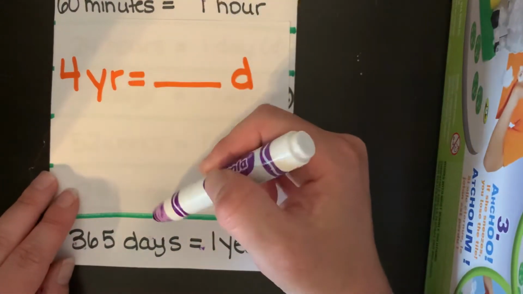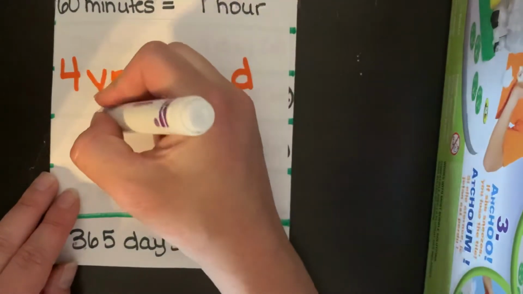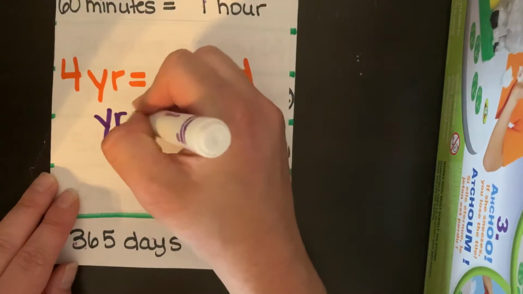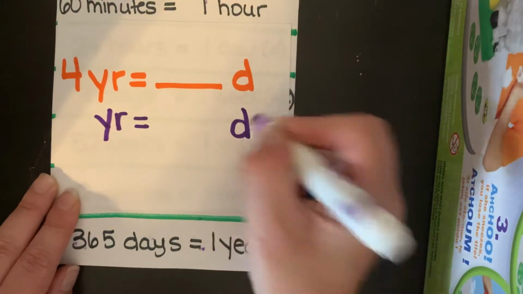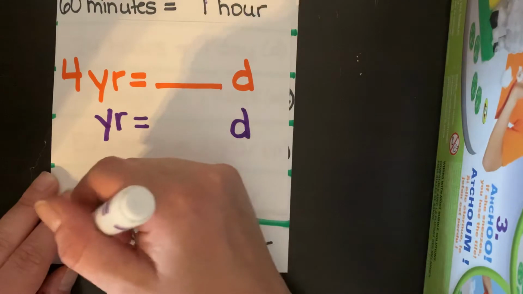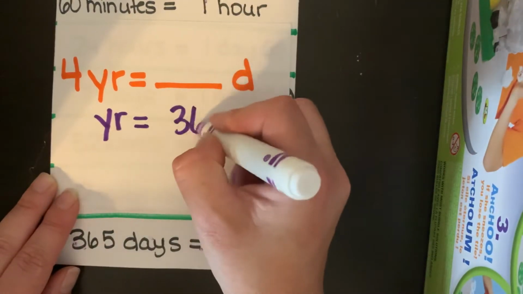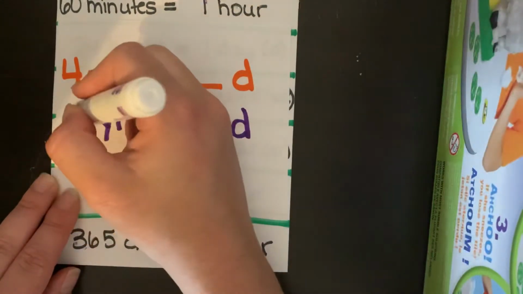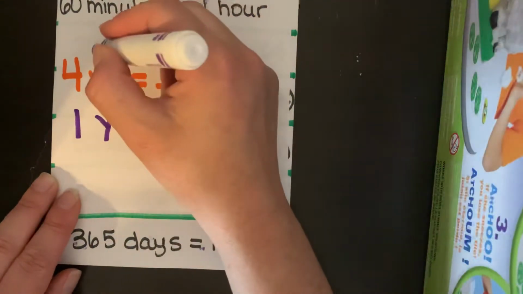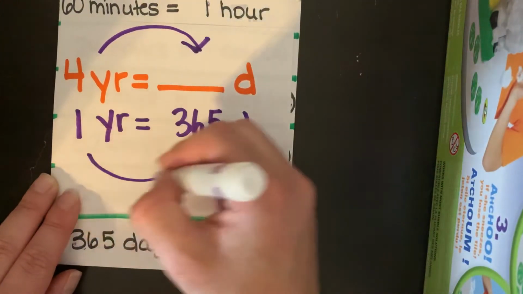Now remember, I want to line up the units. So this will have to be my years, and this will have to be my days. So 365 goes with my days, and then 1 year. All right, so I'm going from years to days.